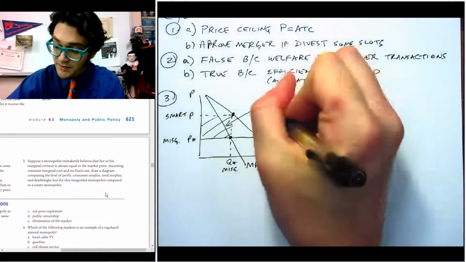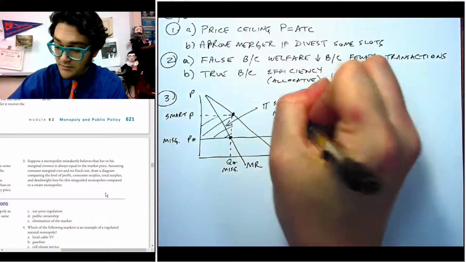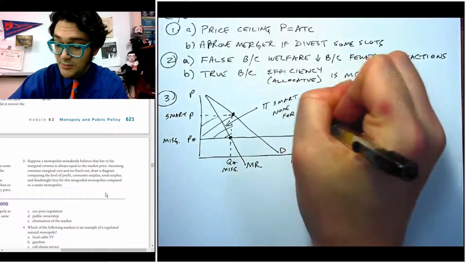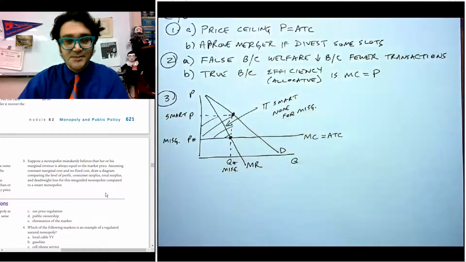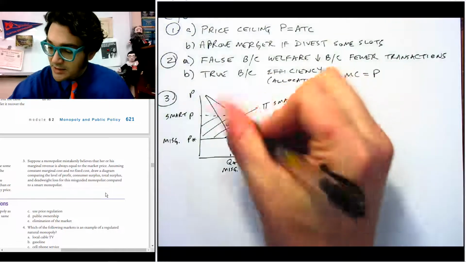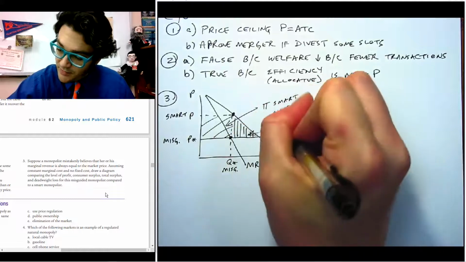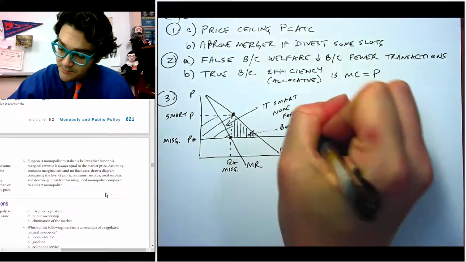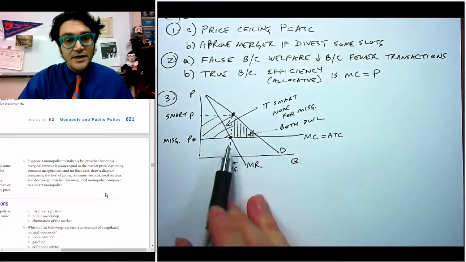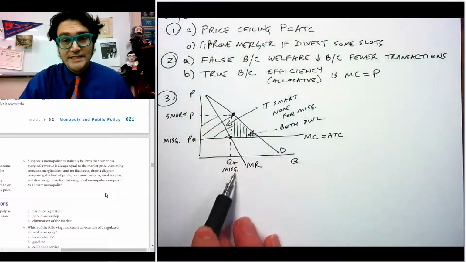We'd say profit for the smart one, but none for the misguided one. Misguided, what a nice way of saying the monopolist isn't doing what they're supposed to. They both still have deadweight loss because they're both underproducing. And they both end up with the same amount of surplus because they have the same amount of transactions.